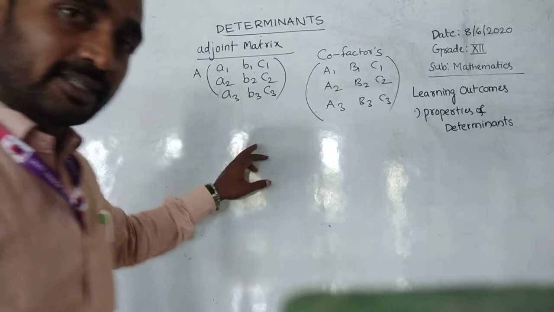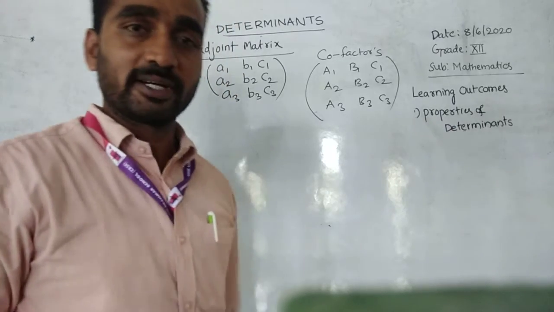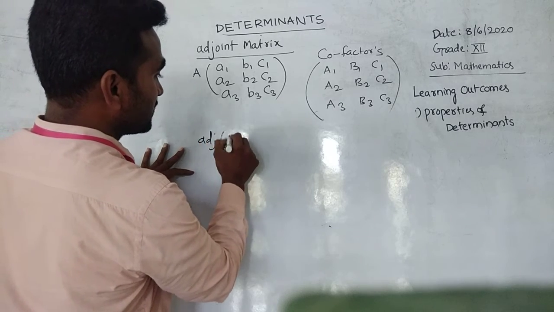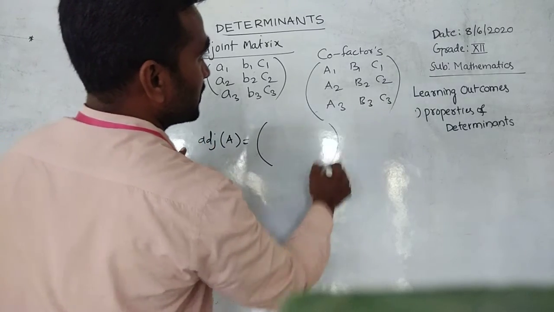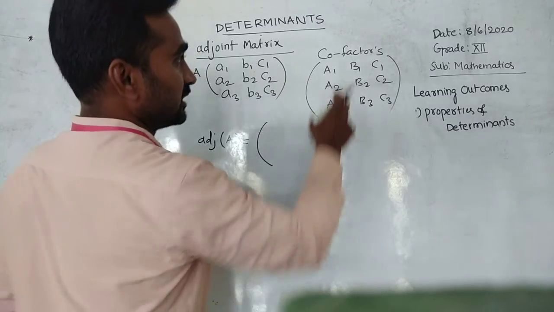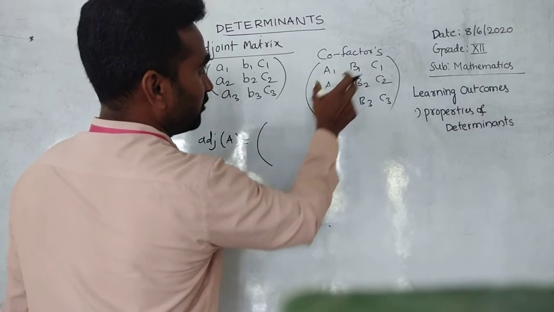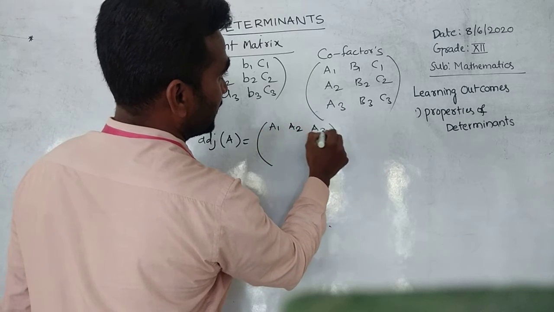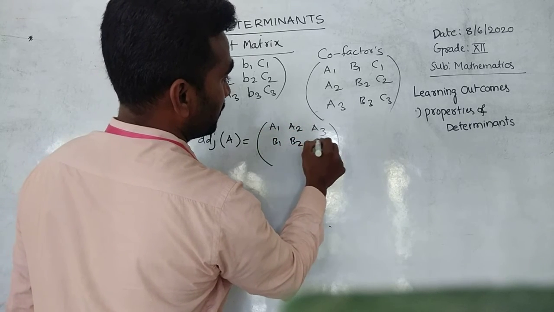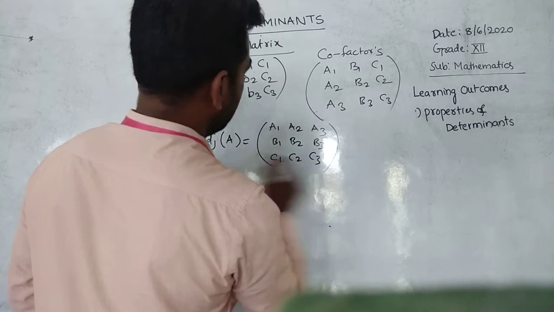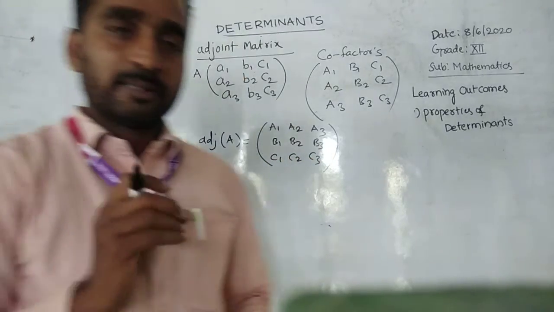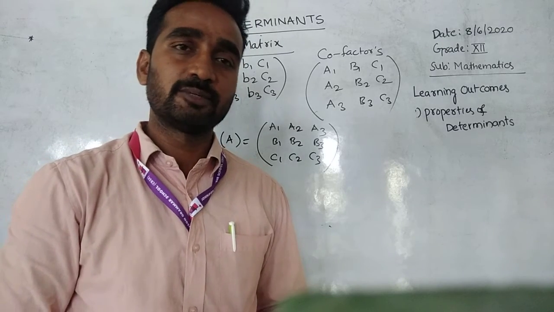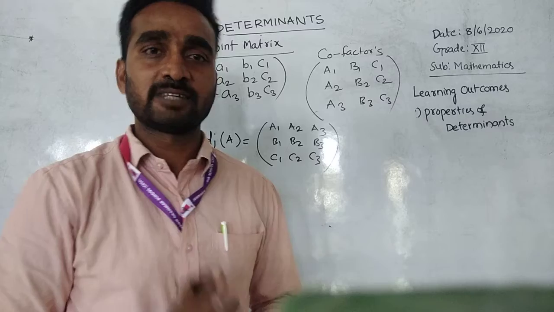Left side the given matrix and right side the cofactors matrix. Now the adjoint matrix of A is the transpose of the matrix obtained from their cofactors. What is the transpose of this matrix? A1, A2, A3, and B1, B2, B3, and C1, C2, C3. This is adjoint A. Find the cofactors matrix of the matrix, and find its transpose. You will get the adjoint matrix of A.